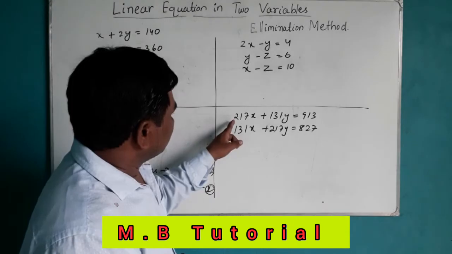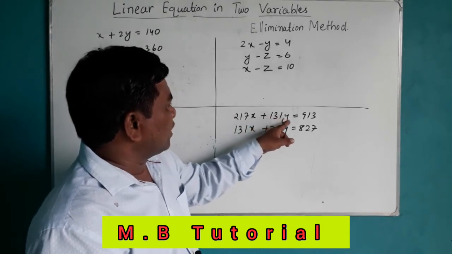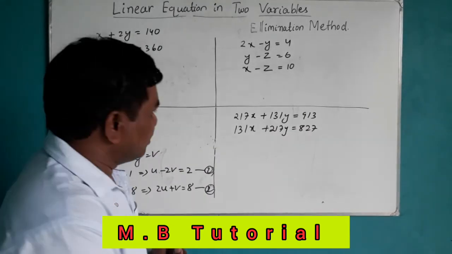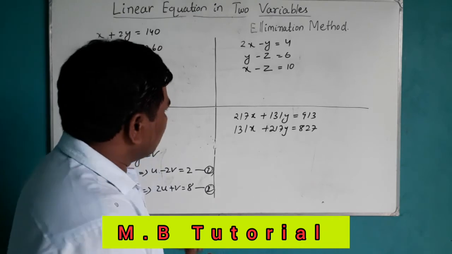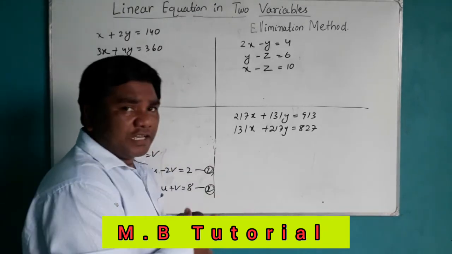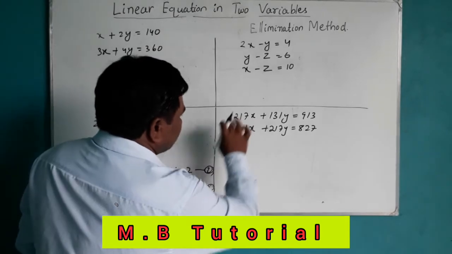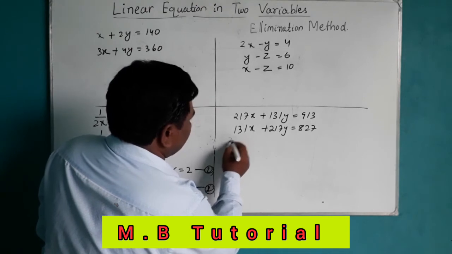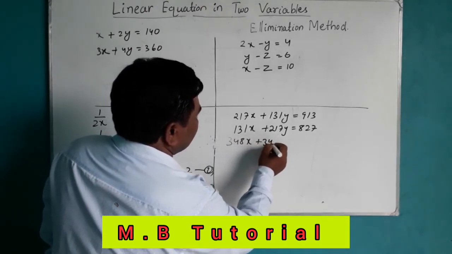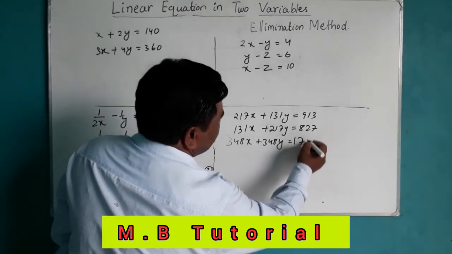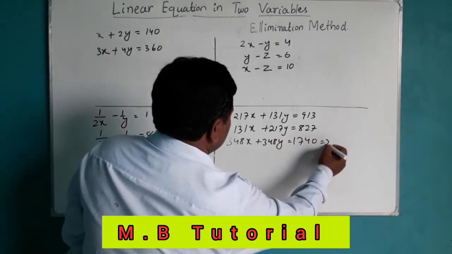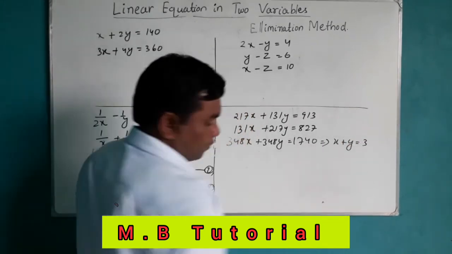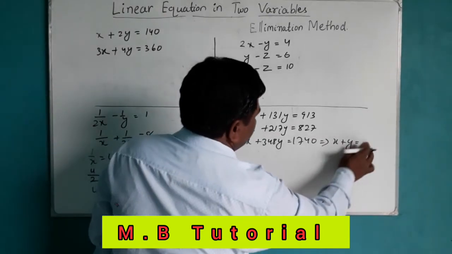The third question is 217x plus 131y equal to 913, and so on. The calculation may be large and lengthy, so we can easily solve it by adding these two equations to get another equation. Adding these two equations, we get 348x plus 348y equal to 1740, and solving it, x plus y is equal to 5.